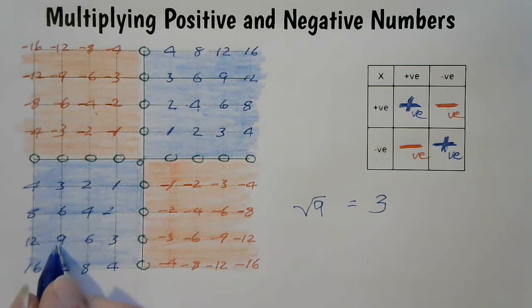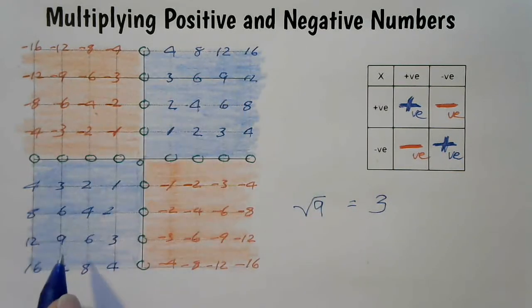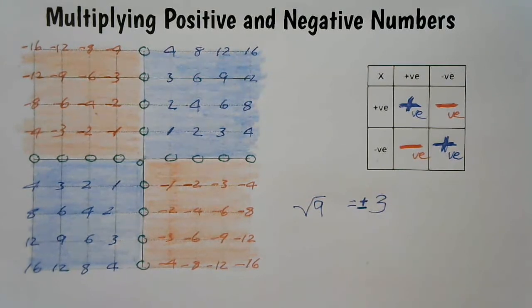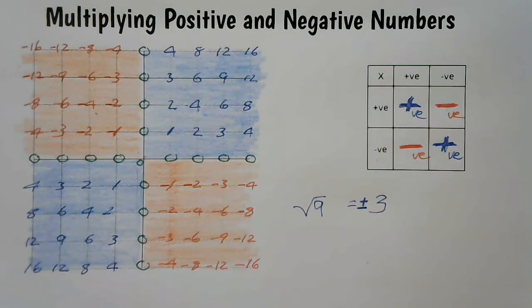But if I look at this 9 here, which remember is identical to this 9, it's the same 9, I could also have a square root of negative 3. So the square root of 9 is plus or minus 3. 9 all by itself has got 2 square roots, one of them positive, one of them negative. I hope that makes it really clear for you.